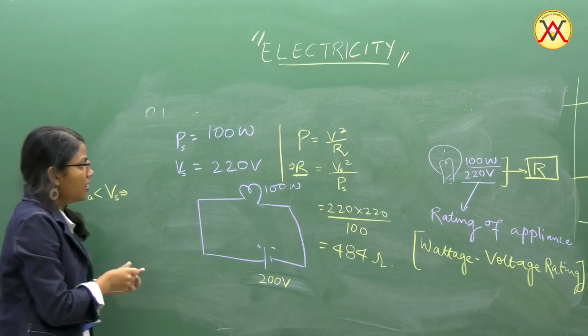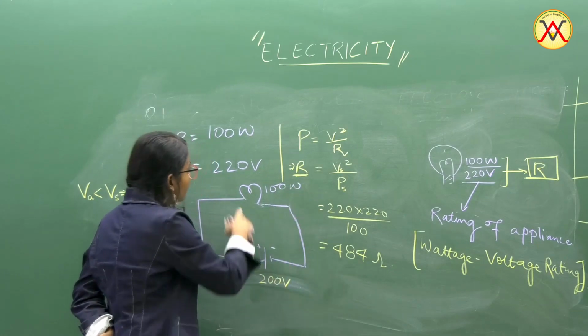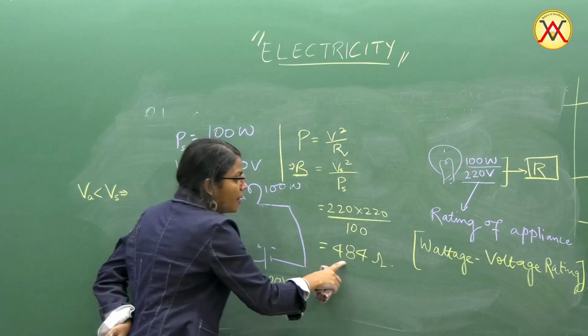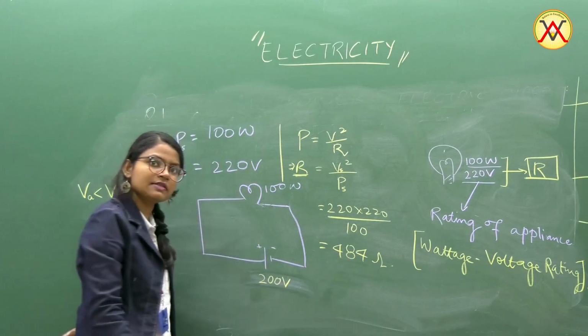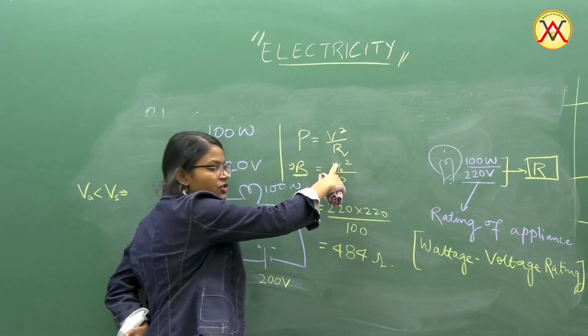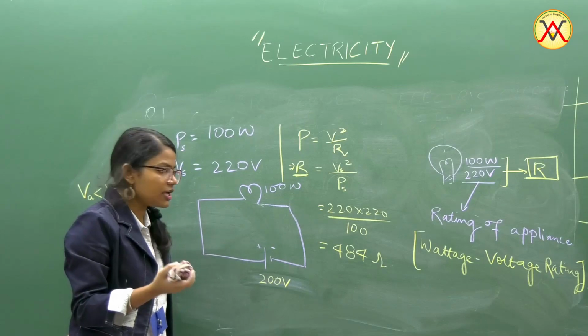For solving the question, when our potential difference is changed, nothing changes in our resistance value. This stays constant, this is changing. That means our applied power will also be changing.